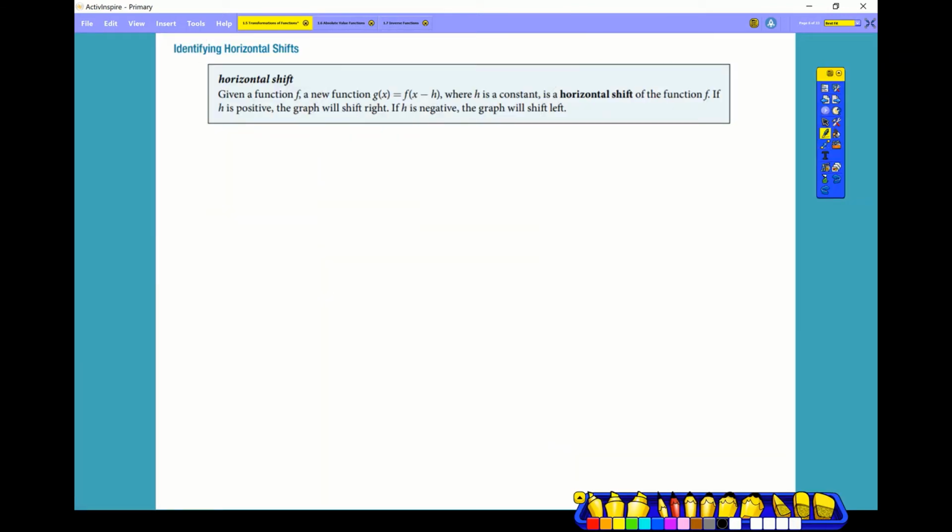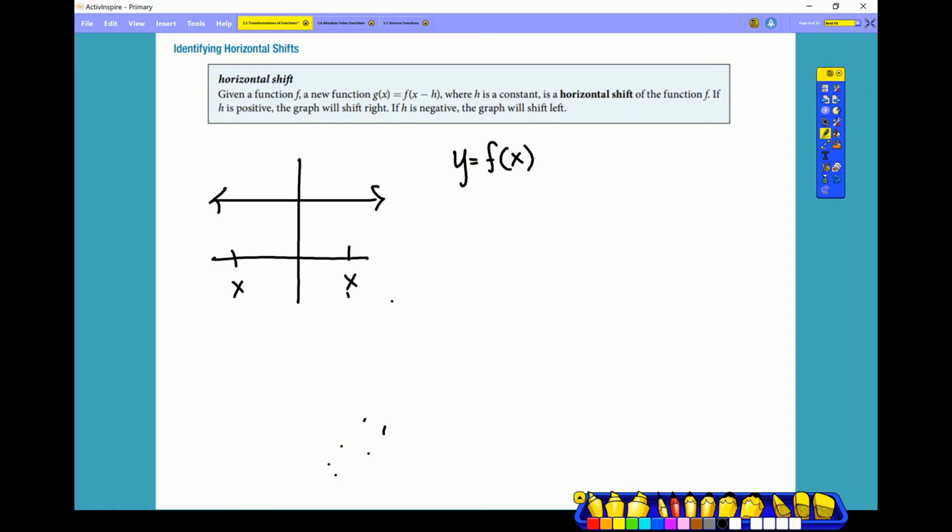Okay, a horizontal shift. A horizontal shift is one that would go sideways. So if we had a graph, this would be about changing the x's. So if we have y equals f of x, and we want to move the x, we're going to call this distance h.